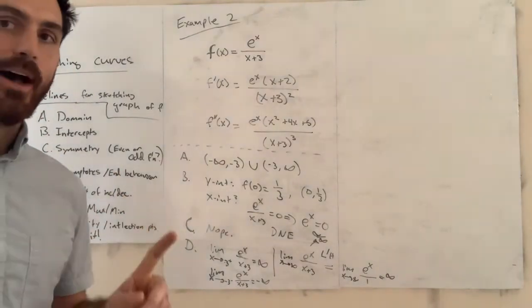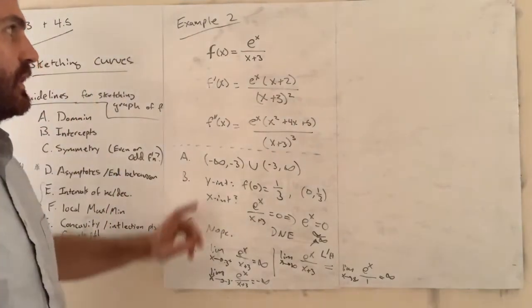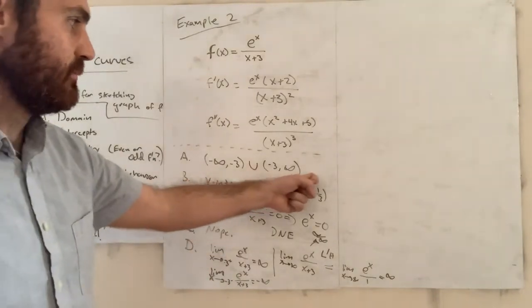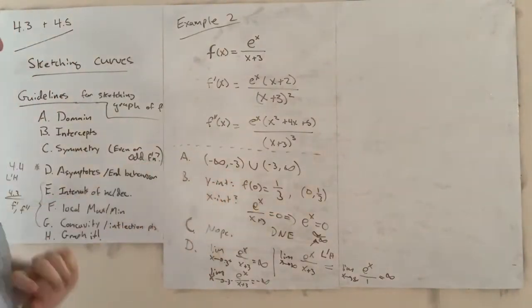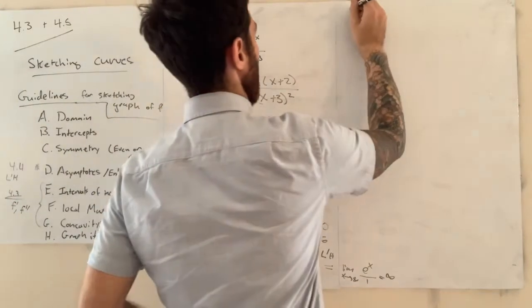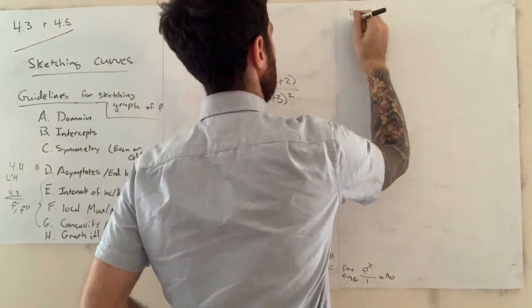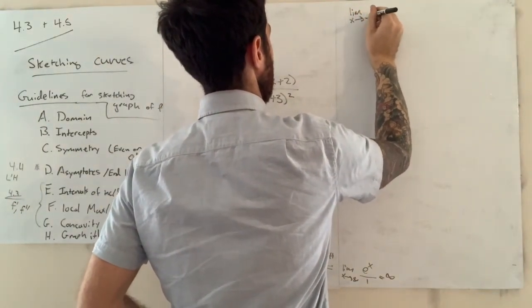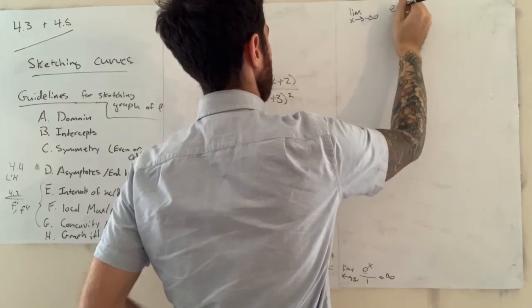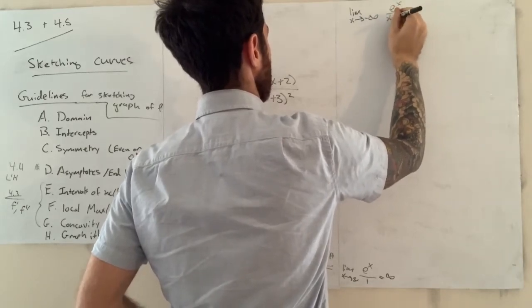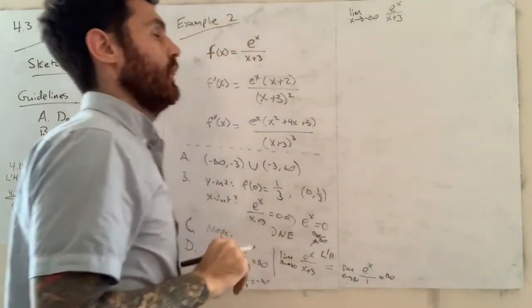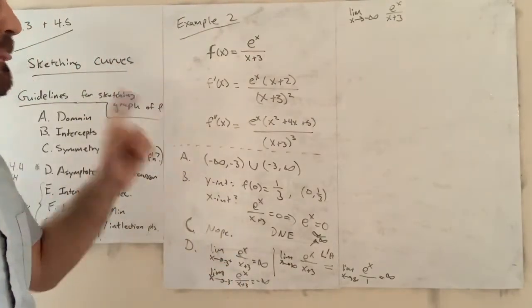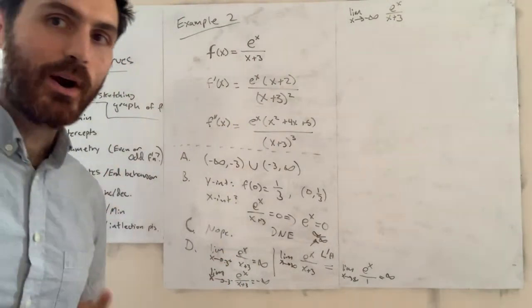We actually have two end behaviors, because we go off to infinity, and remember our domain goes off to negative infinity. So I also have to look at x going to negative infinity of e to the x over x plus 3. Well, this one you're actually not going to have a problem with.